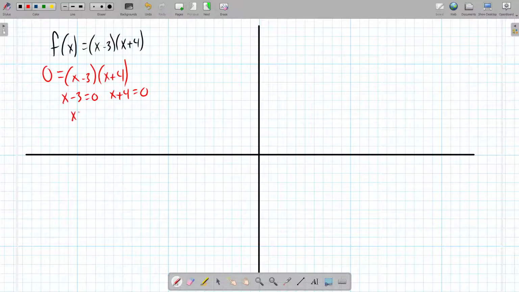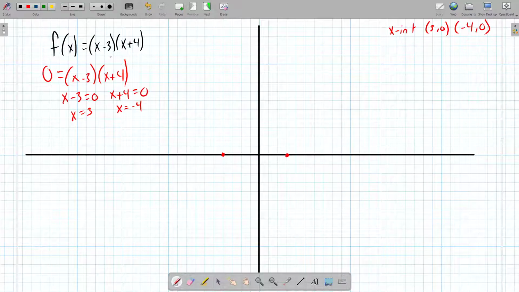Adding 3 to both sides, we get x equals 3. Subtracting 4 from both sides, we get x equals negative 4. So these are our two x-intercepts. So 1, 2, 3, 4, and 1, 2, 3. So we're going to label everything. The x-intercepts are (3, 0) and (negative 4, 0).